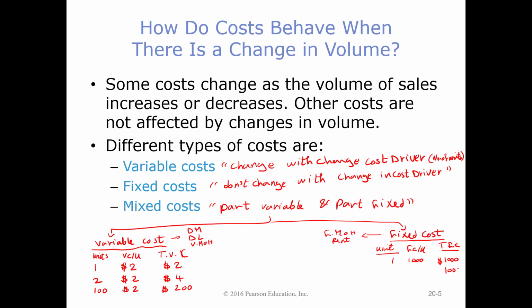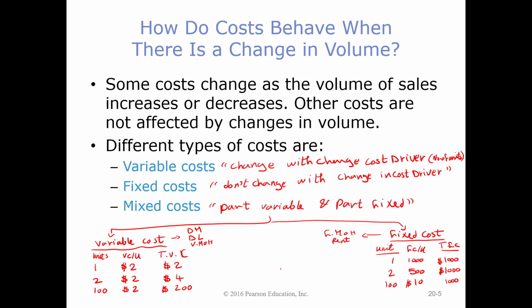If I have 2 units, then the cost will be divided into 2 units, so each unit will be loaded by 500. If I produce 100 units, the cost will be $10. So in the fixed cost, whenever the units increase, the total fixed cost stays as it is, but the fixed cost per unit decreases.